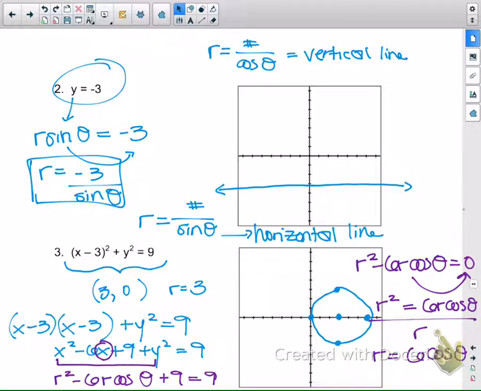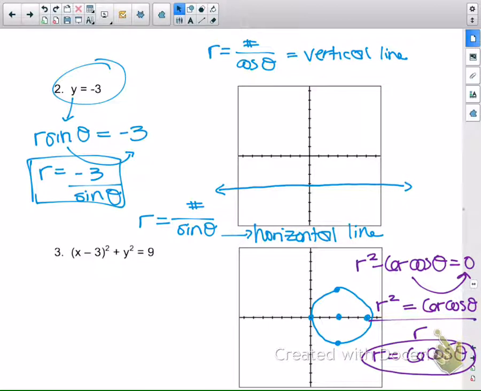Okay? Now, here's one other thing I'm going to show you with this real quick before we convert back. What if you had to graph this? If you had to graph that and you don't know what that looks like, you make yourself a table of values.